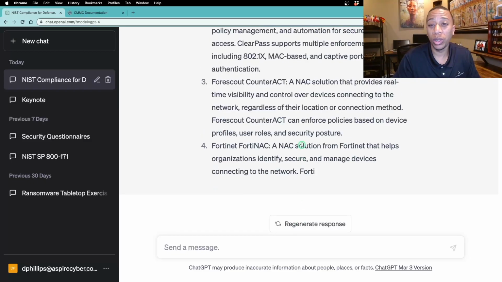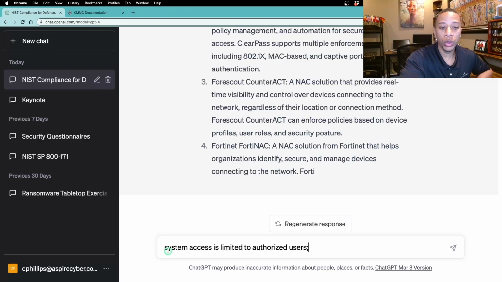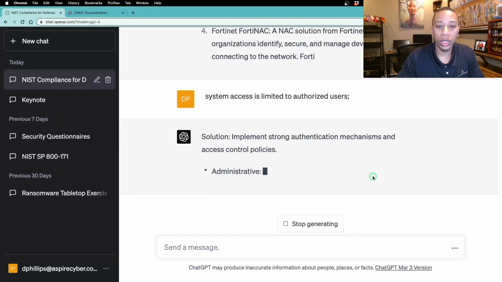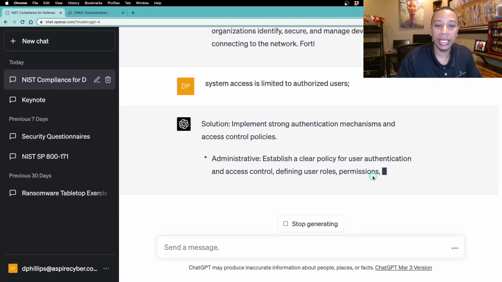Now, this is only for ChatGPT 4, but for ChatGPT 3.5, it doesn't matter. You don't have a cap. So for the next assessment objective, we want to make sure that system access is limited to authorized users. So we need to implement strong authentication.